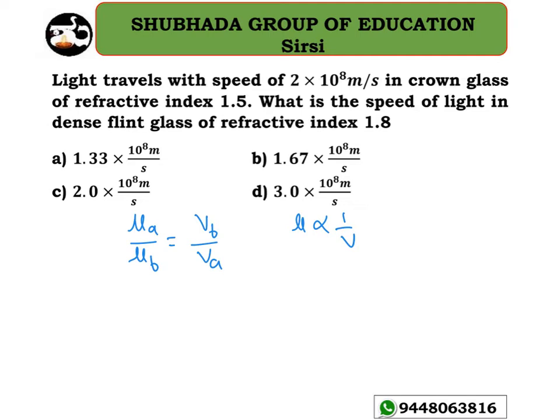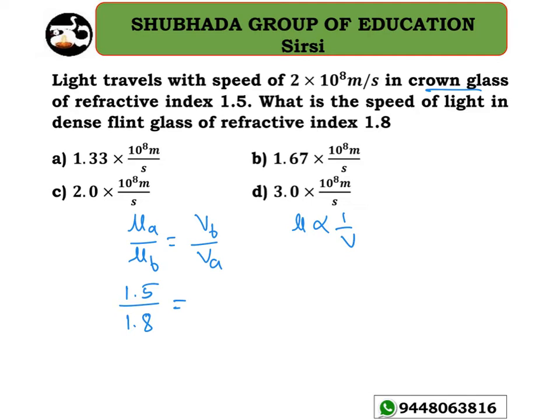Suppose light travels in crown glass. Let me take it as mu A, which is 1.5, divided by mu B. Mu B is also given, that is 1.8 here.